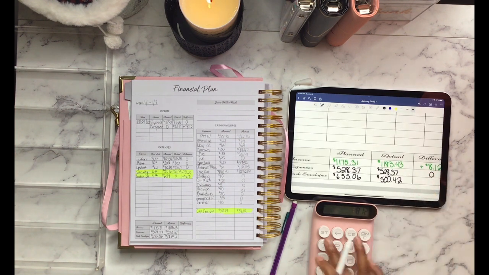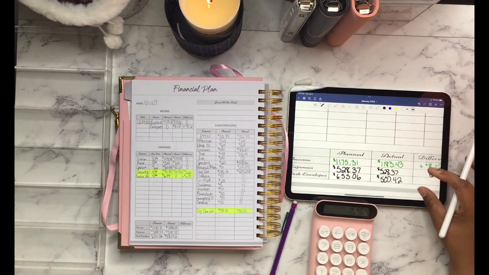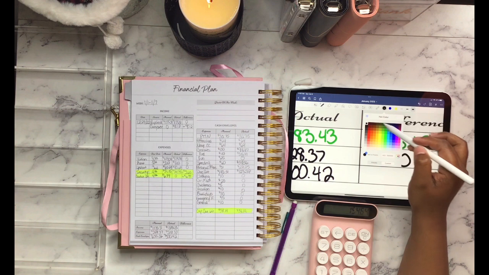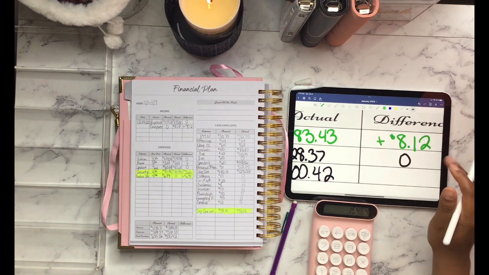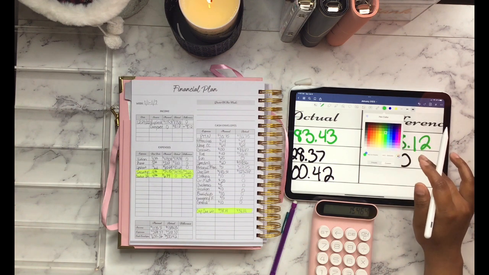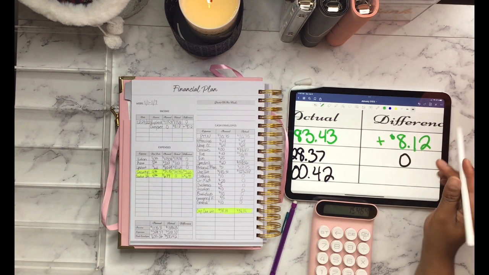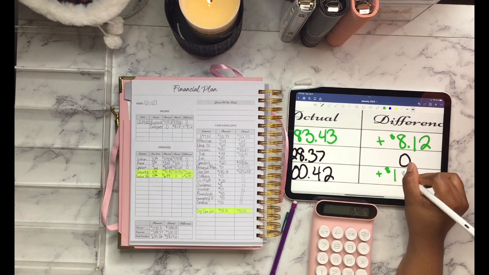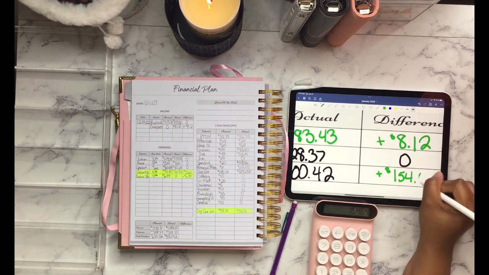And I planned to spend $655.06, and what I actually spent was $542. So I should have an extra $154.64.